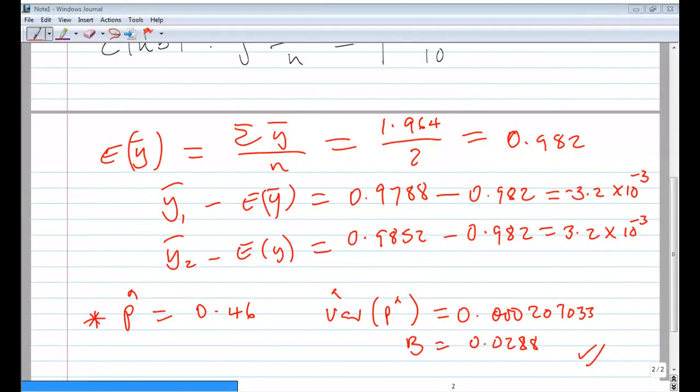So just go to question number 13. Question number 13, I didn't calculate it, but I know the formulas and how to apply them.